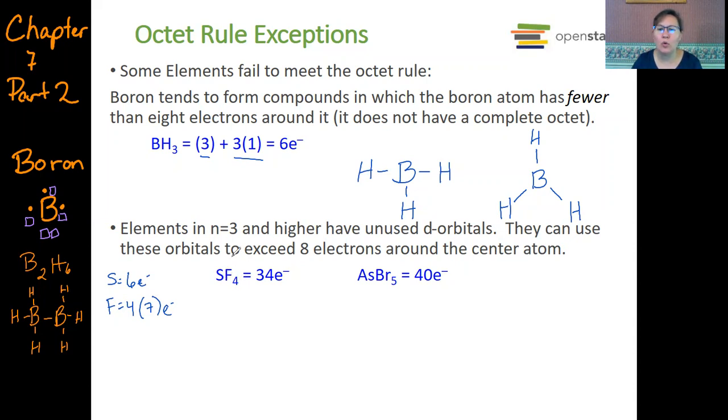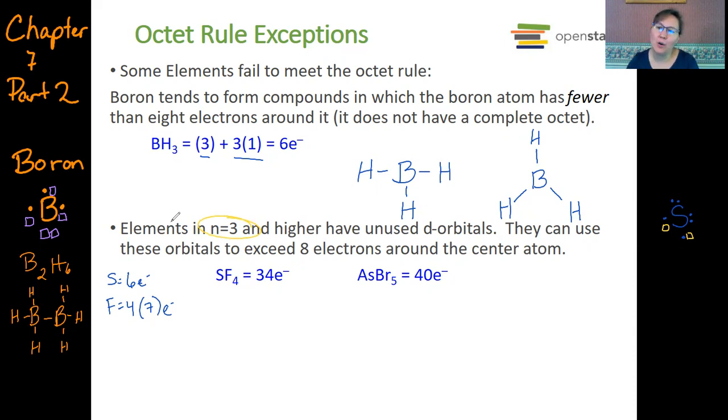Now, normally you would say, okay, sulfur comes with 6 electrons, so it looks like this. And this is where starting with this kind of structure sometimes doesn't work, because this only shows you 2 places for bonding. But sulfur is in our 3rd row. Once we get into n equal to 3, we have 3d orbitals.